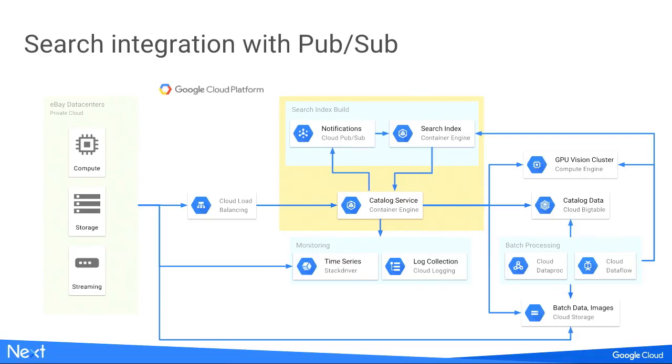We've chosen to put pub/sub between our search index build and our catalog service just to give a little room for our index build process to adjust to spikes in the number of updates. So if there is a big spike, pub/sub will buffer it, and search indexing can work at its own pace.